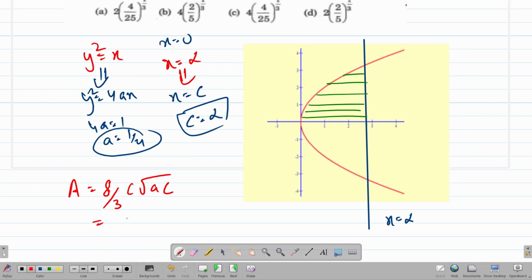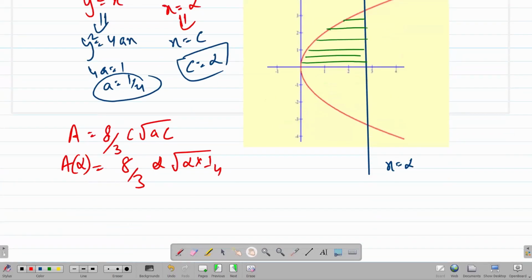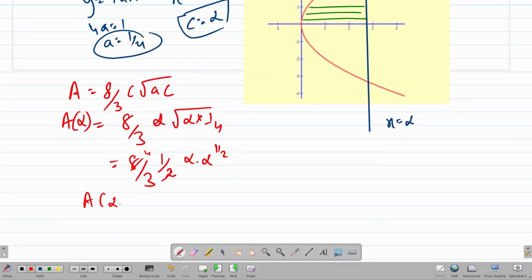Since this is in terms of alpha, this is written as A(alpha), which is 8 by 3, alpha into root of alpha into 1 by 4. On further solving, 8 by 3, root of 1 by 4 is 1 by 2, and alpha into root alpha. So A(alpha) comes out to be 4 by 3 alpha to the power 3 by 2.